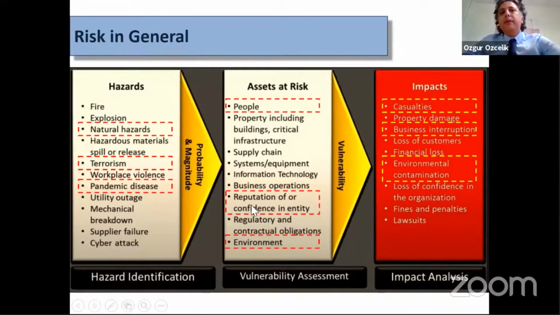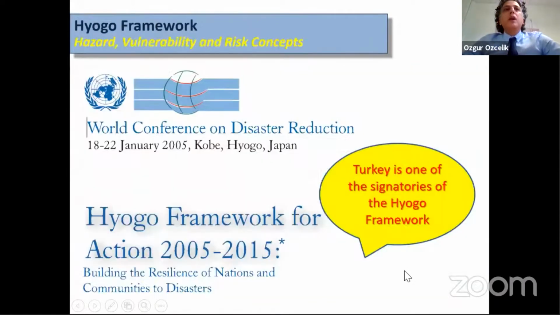And it can be people, it can be property, including buildings, critical infrastructure, or reputation, right? Reputation of, or confidence in an entity. That is the vulnerability assessment part. And there is the impact, the casualties, impact on the people, the business interruption, or environmental contamination.